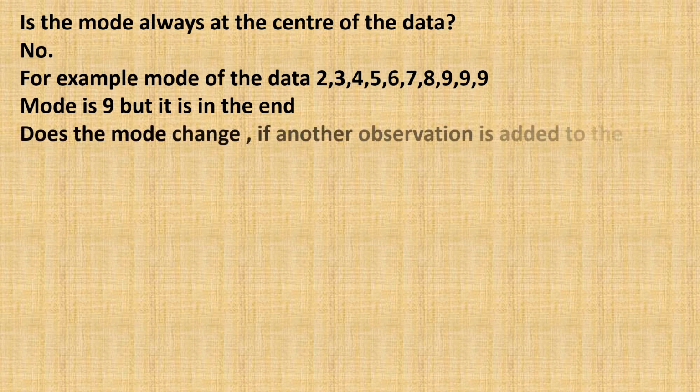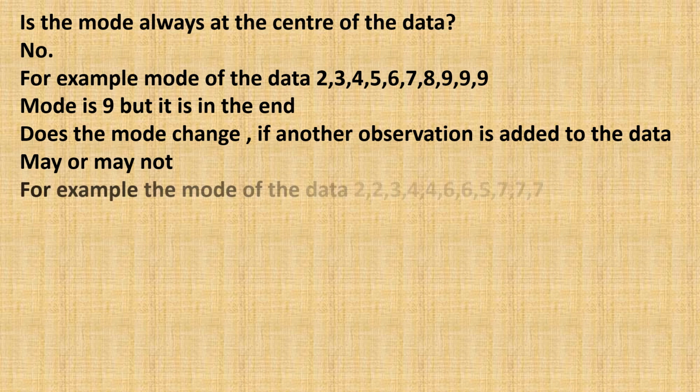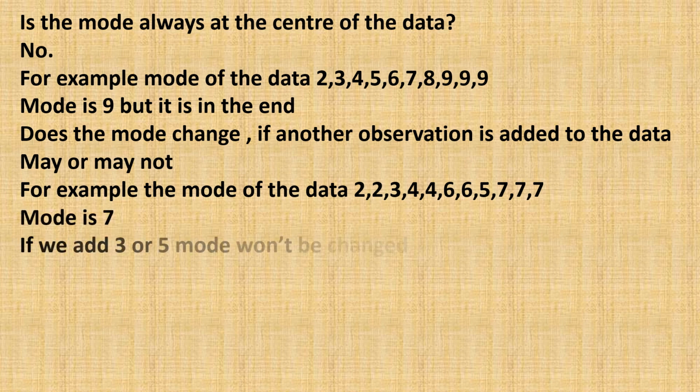Does the mode change if another observation is added to the data? This we have to observe. If I add some observations, the mode may or may not change. For example, in this data 7 occurs 3 times, so the mode will be 7. If I add 3 or 5, the mode will not change, because 3 occurs 2 times and 5 occurs 2 times, so they don't surpass the 7.